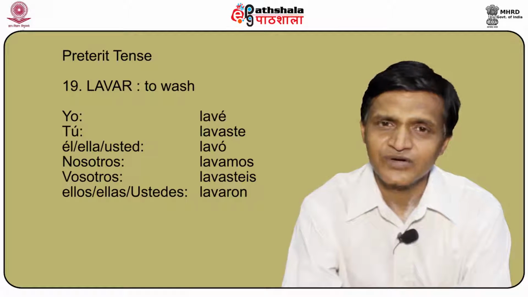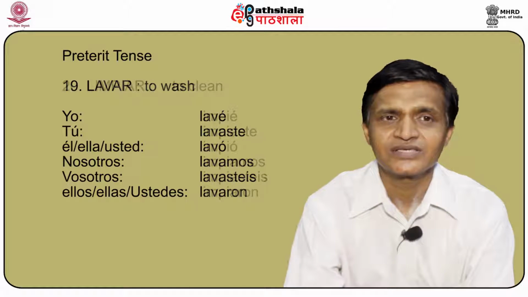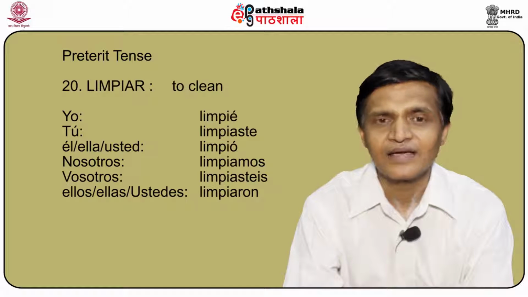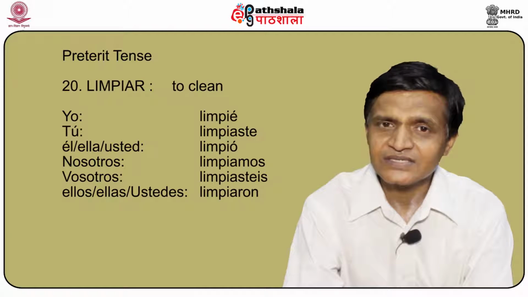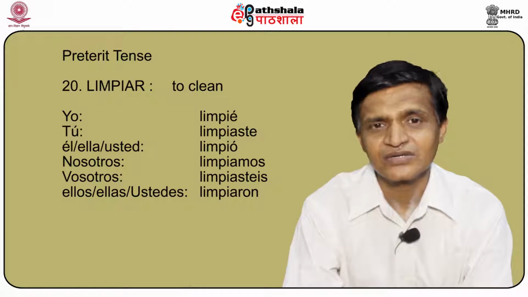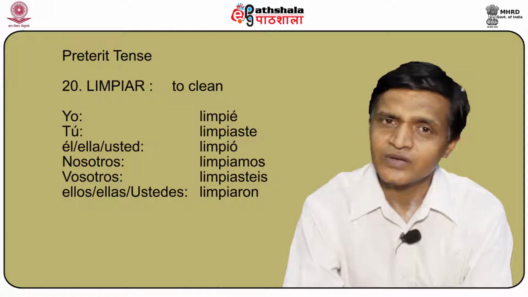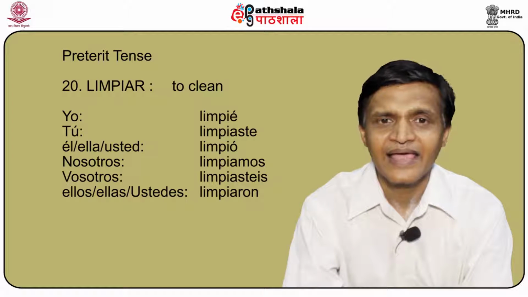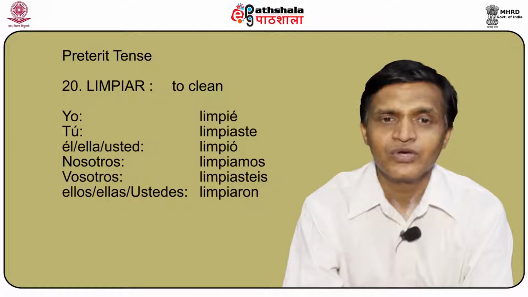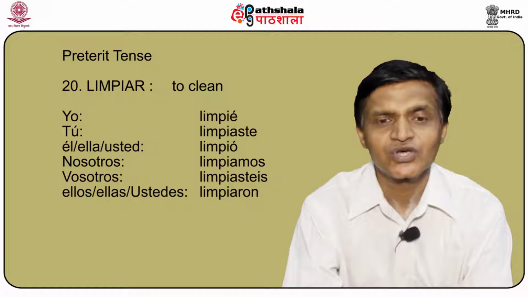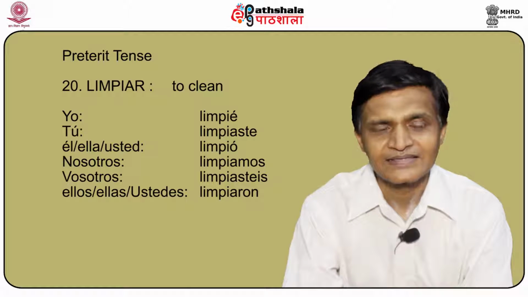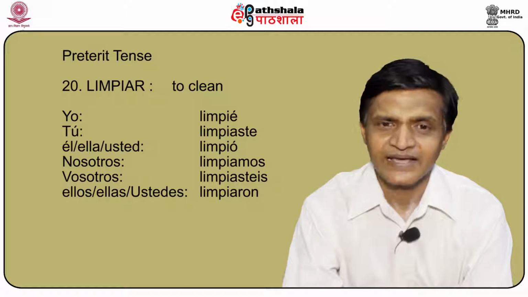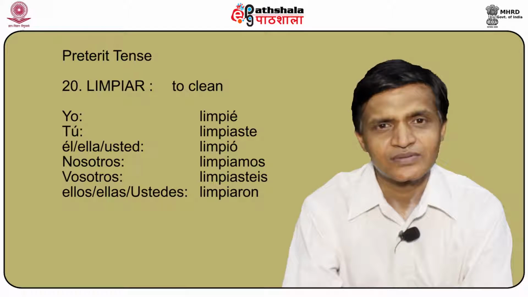Again, another important verb in Spanish is limpiar, to clean. How do we conjugate limpiar in the preterite? Well, because it is an AR ending verb and it is a regular verb, we do it like all regular verbs are done. So it is yo limpié, tú limpiaste, él, ella, usted limpió, nosotros limpiamos, vosotros limpiasteis, and ellos, ellas, and ustedes limpiaron.